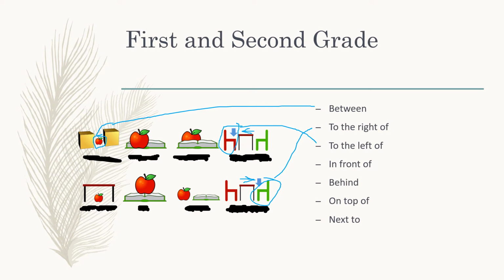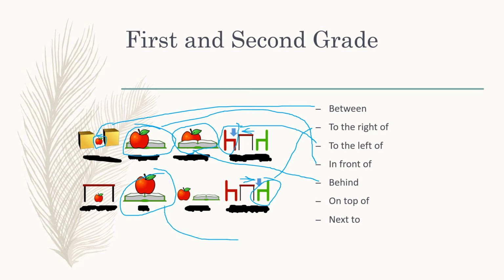This apple is in front of the book. This apple is behind the book. This apple here is on top of the book, and this apple is next to the book.